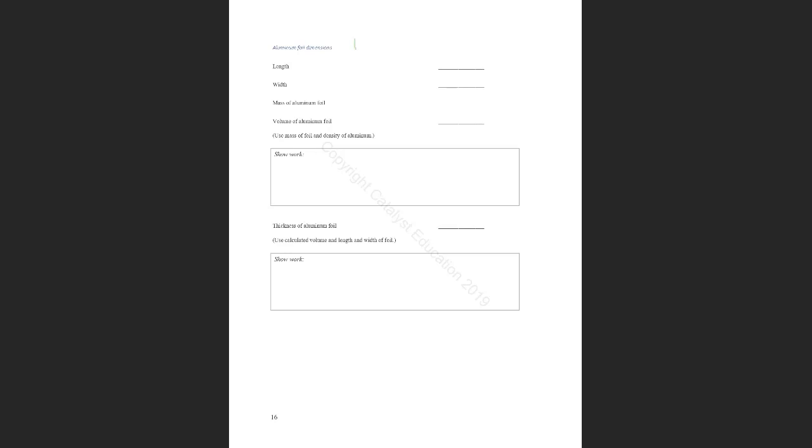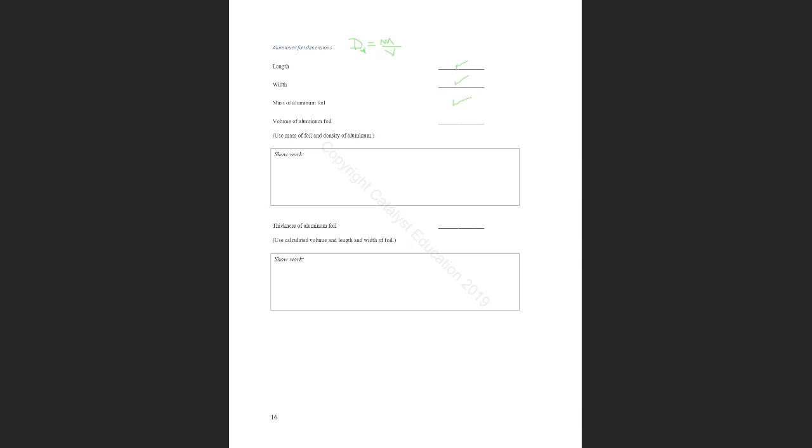But you already calculated in the previous section the density of the aluminum, that is mass divided by volume. And then they will give you a foil, and they will give you the length and the width and the mass.